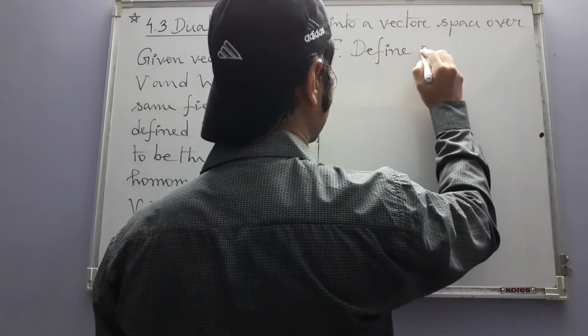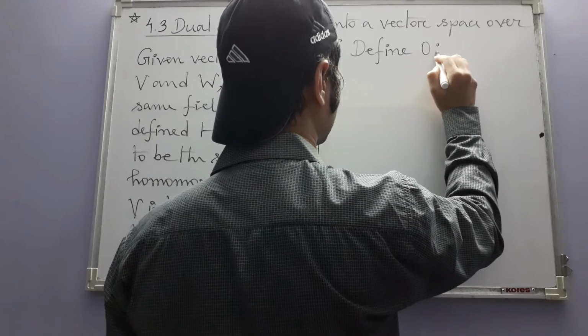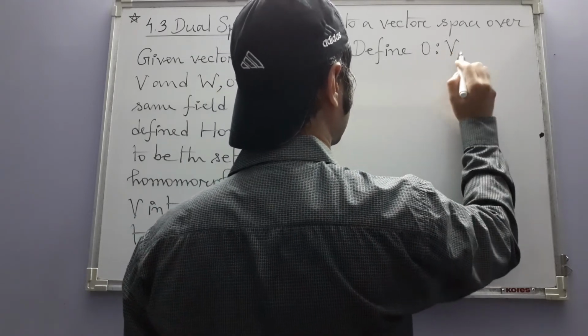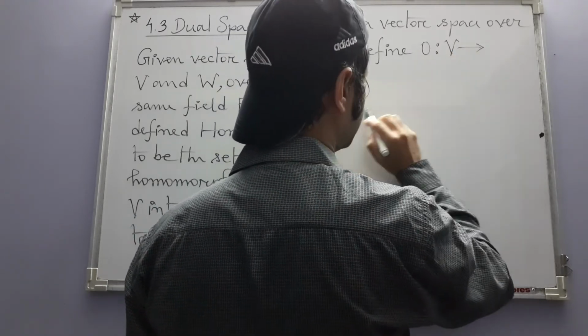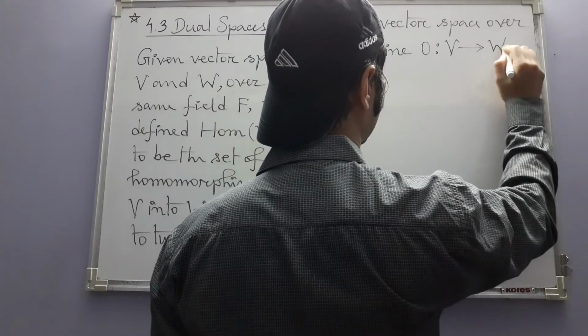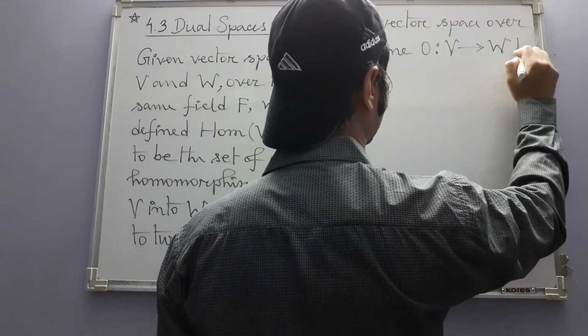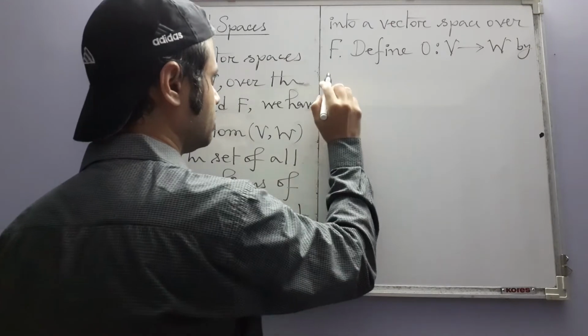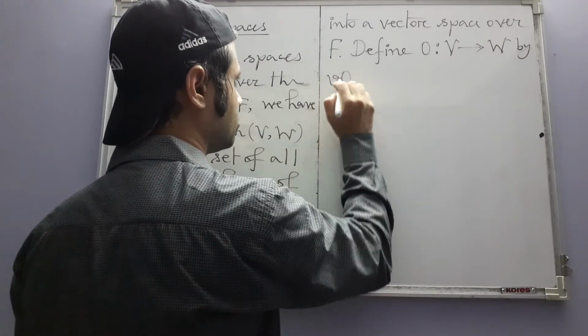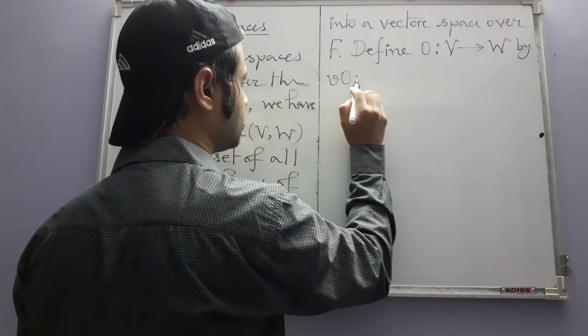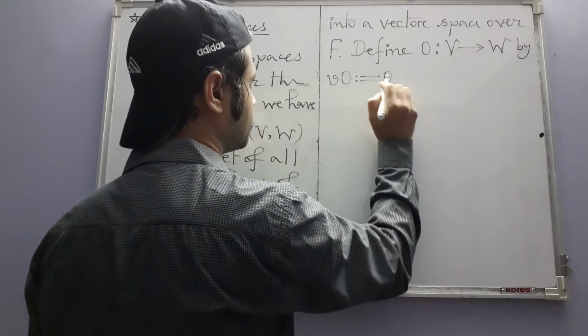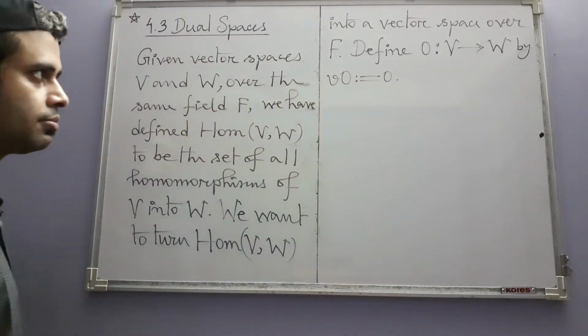So we are going to define a function which we are denoting by 0 from V into W by this: v0 is defined to be equal to 0.